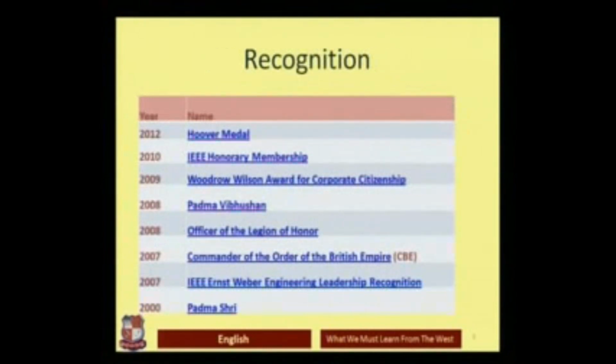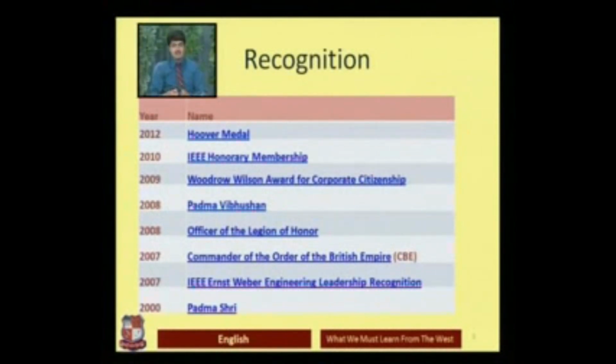Here are some of the awards and honors that he has received. If you look at the list, there are so many medals, so many awards he has earned for himself, and the authorities who have awarded Narayan Murthy are from across the globe. You can see the Hoover Medal, which is from the United States of America.